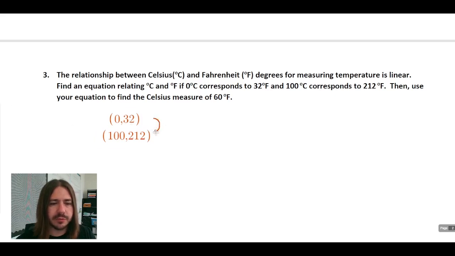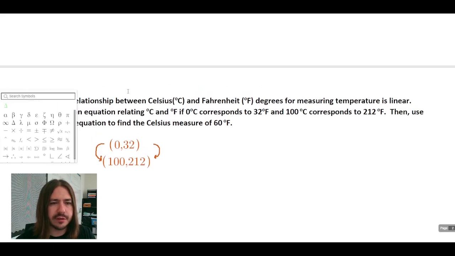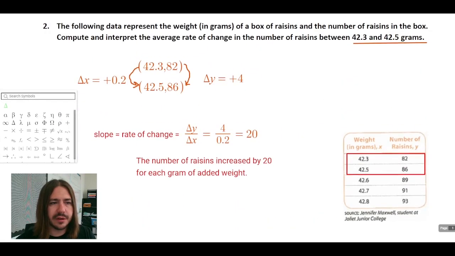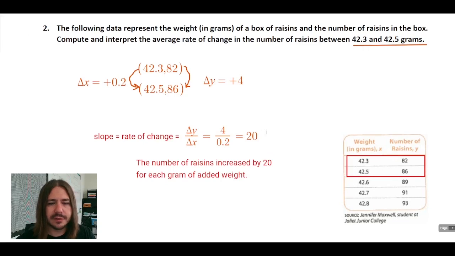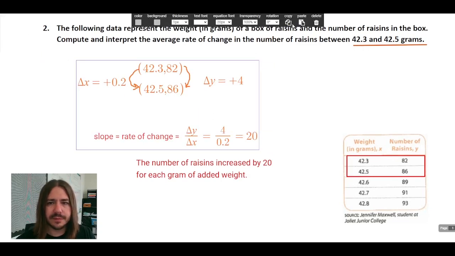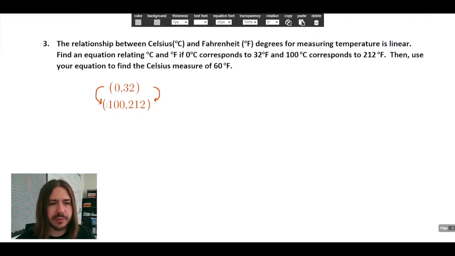We're going to compute the slope just like we did before. Find the change in y and change in x. Go ahead and just copy a little bit of this. We're going to be doing pretty much the same thing here.